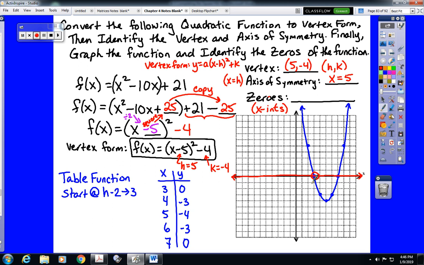That would be here at the point x equals 3, and here at the point x equals 7. So we would say the zeros are x equals 3 and x equals 7. Now you could also write the points (3, 0) and (7, 0). That would be fully acceptable. If you say 3 and 0, I would probably let that go, but that's not really ideal.